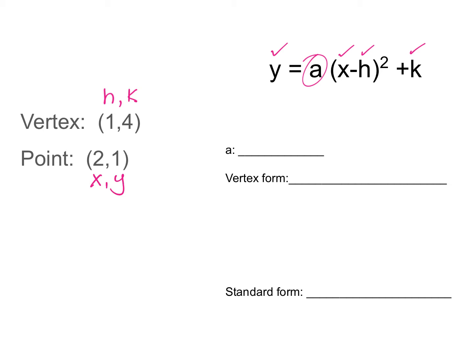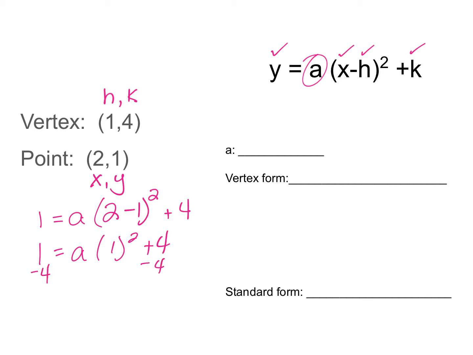So the Y value I'm using is 1. A, we do not know what that is. So the X value is 2. And remember, when you put in the H, you've got to put in the opposite. So right now it's a positive 1, so we're going to go ahead and put minus 1. That's going to be squared, and then plus 4. So as I solve this, I have 1 equals A times 1 squared plus 4.